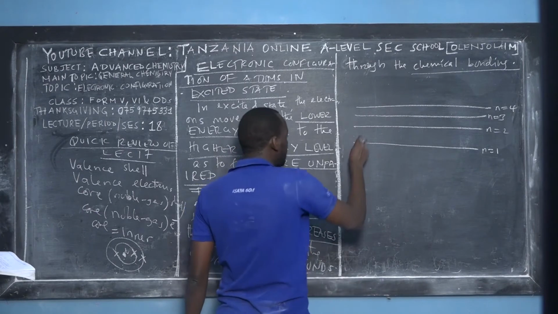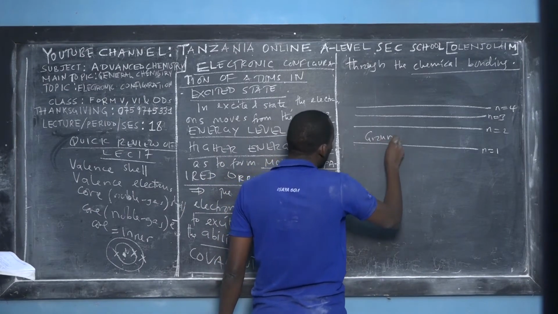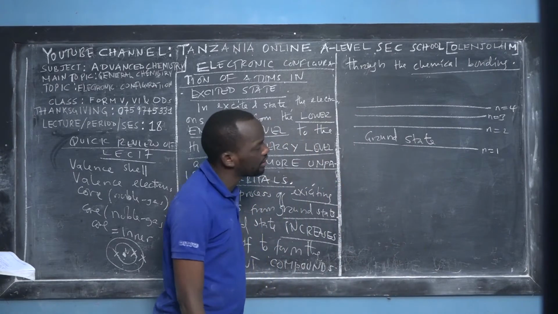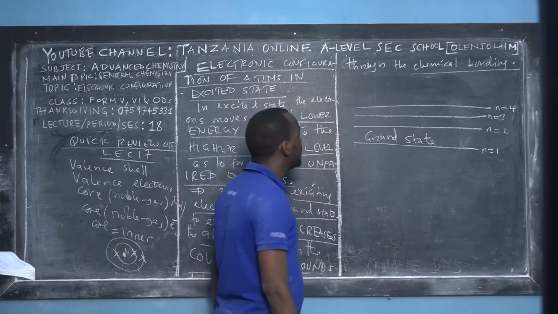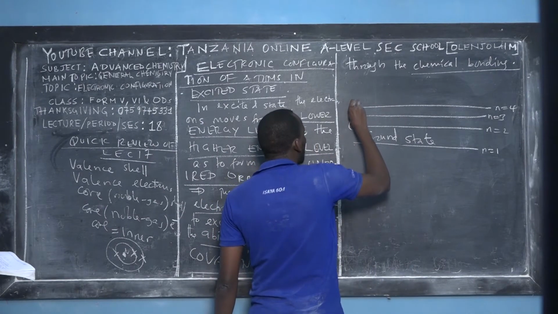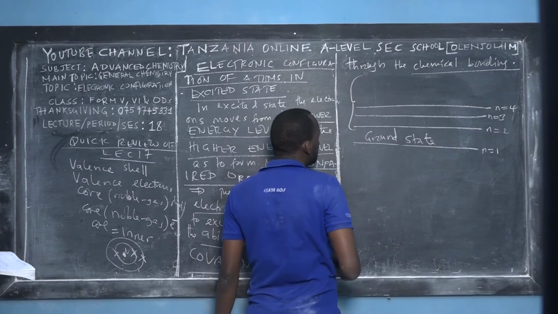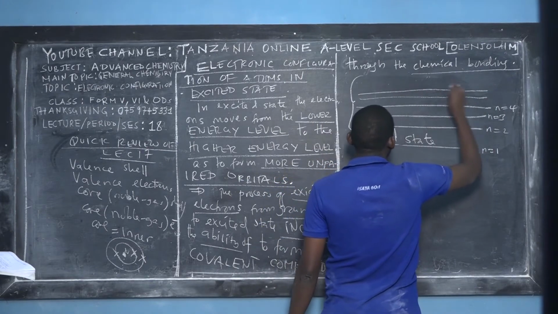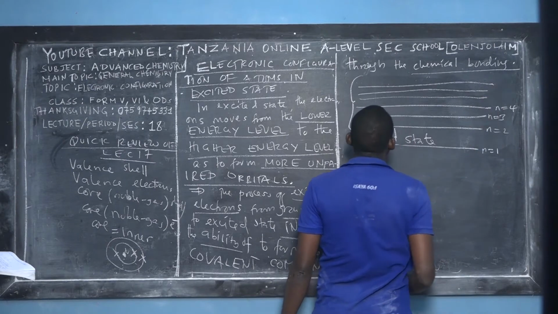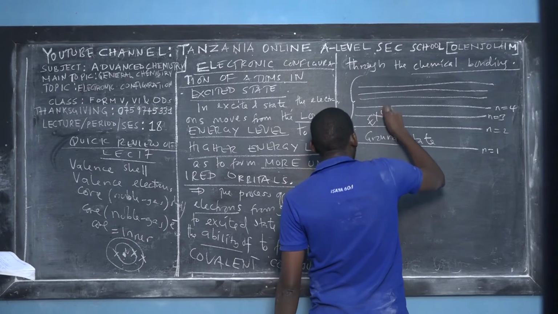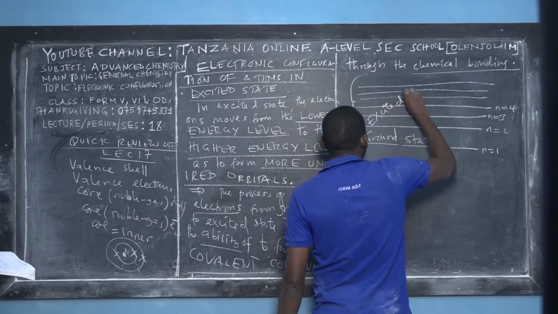The first state is what we call the ground state. We have been writing electronic configurations when electrons are in the ground state. From n is equal to 2 going up, all of these are excited states.